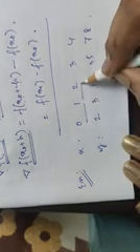Let's take one example, then it will be clear. It is given that x equals 0, 1, 2, 3, 4 and y equals 2, 3, 12, 35, 78. Obviously these are equispaced and the common difference is h equals 1.